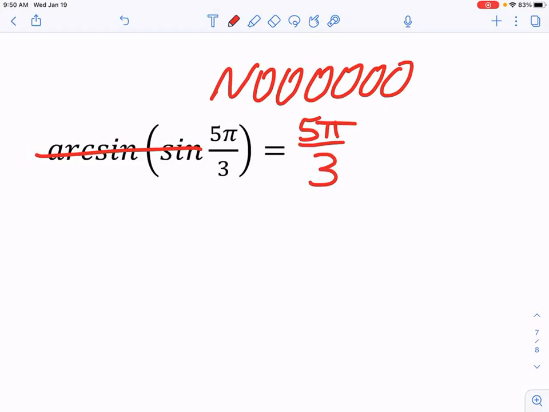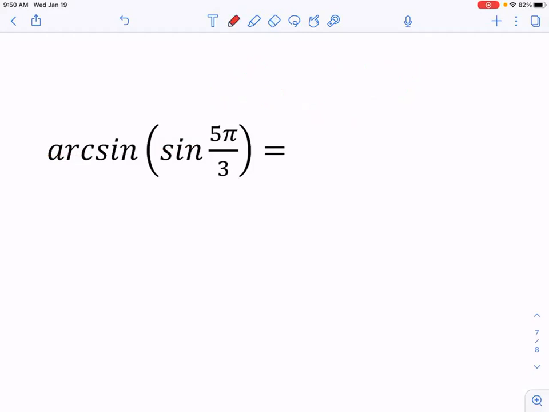Sine has a domain of all real numbers. That's not what we need to worry about. Okay, we need to worry about our inverse trig. Can arc sine have an answer of 5π/3? No, it can't. So we have to do this one individually. We have to do this step by step. What is the sine of 5π/3?